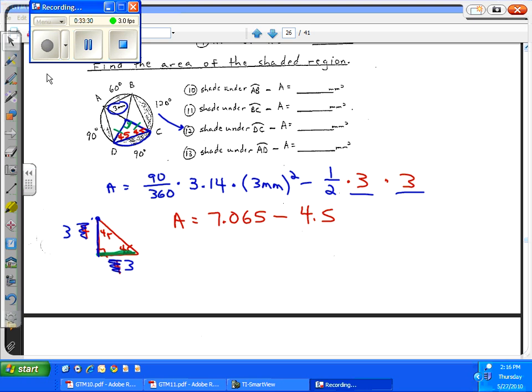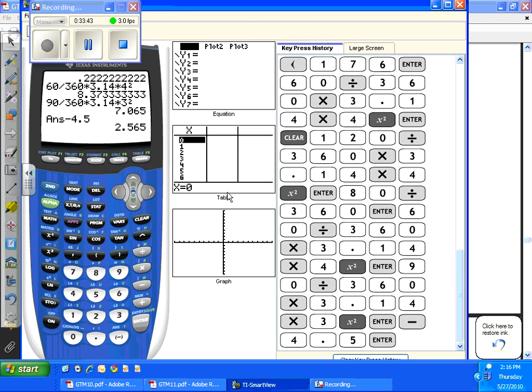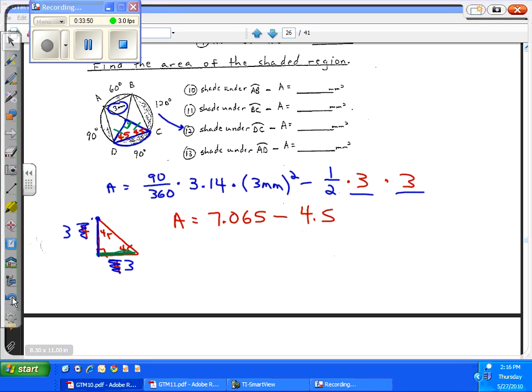And so we get 7.065 minus 4.5. Is 2.565. And it's measured in square millimeters.